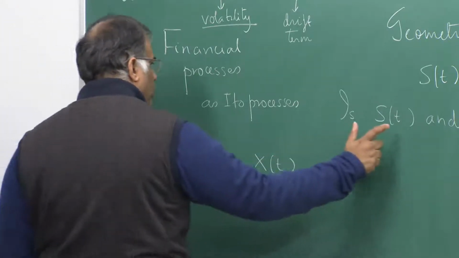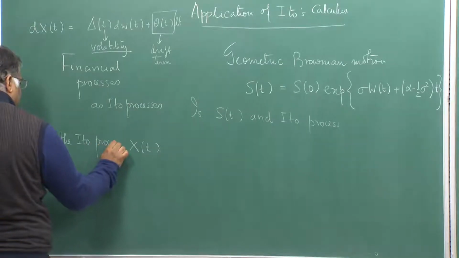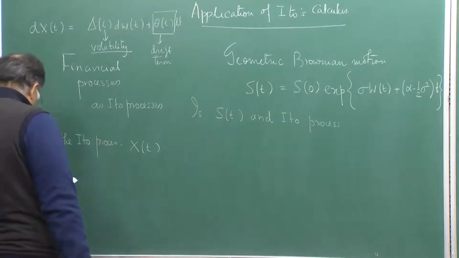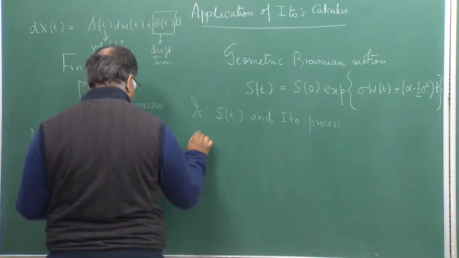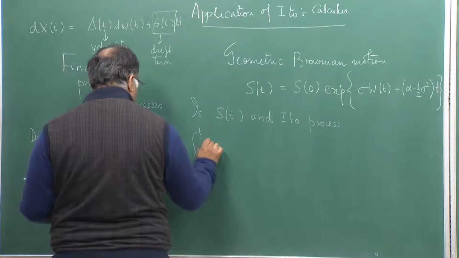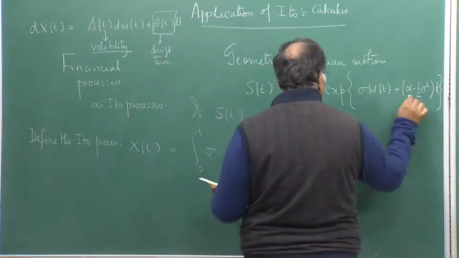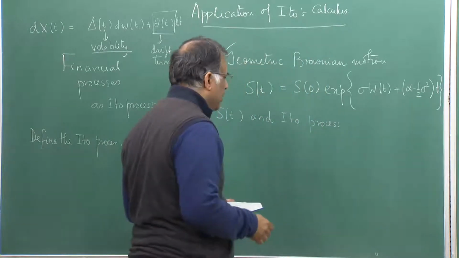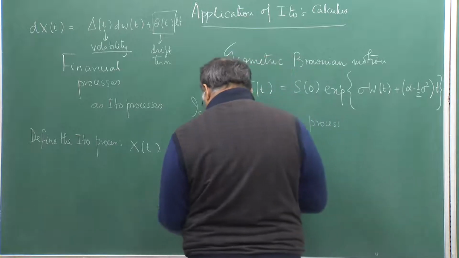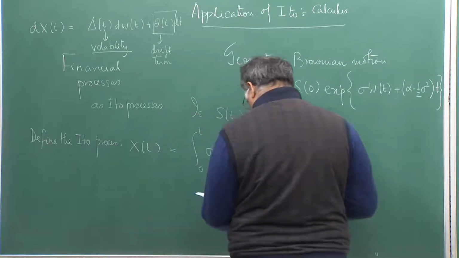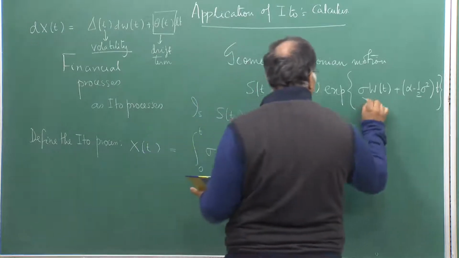Our aim would be to show that this is the Ito process, but first let us construct it. Here sigma and alpha are positive constants.